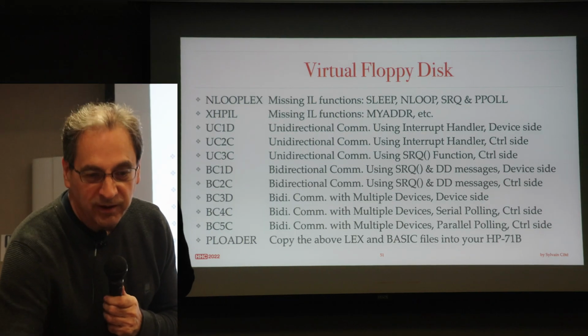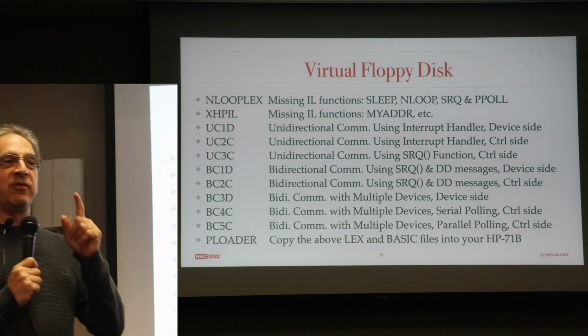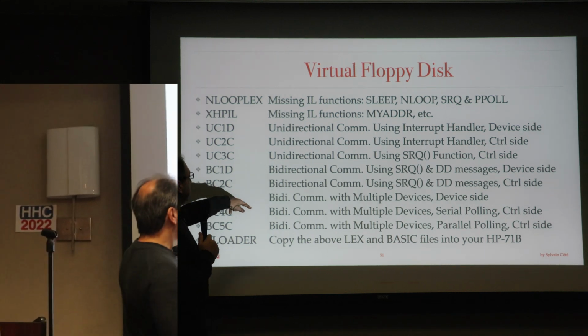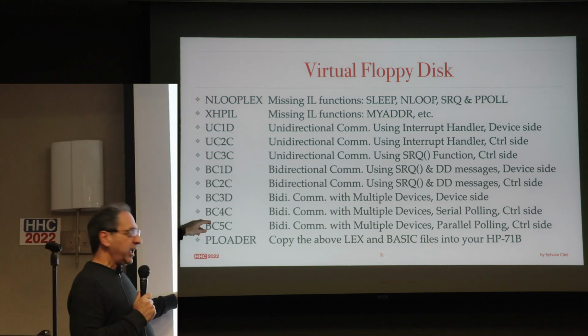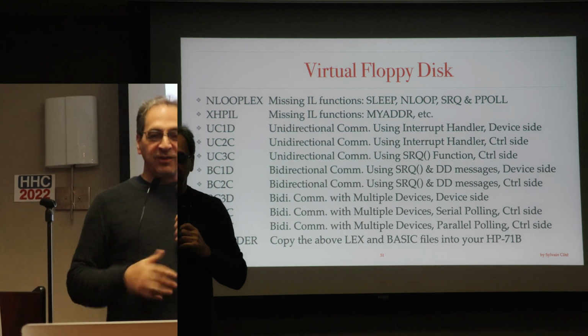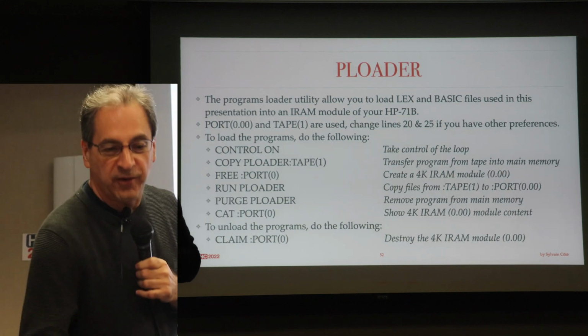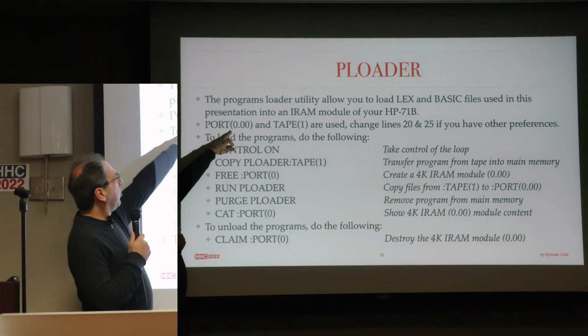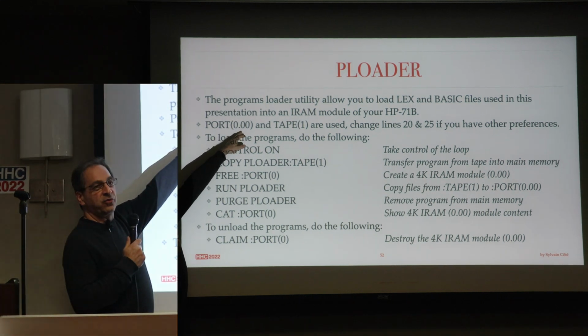With the presentation, you have a virtual floppy disk with all the programs that I've been using here, and a loader program. If you want to try it on a 71, if you have a 71B, you just free a port 0, that's a 4K, you free RAM.